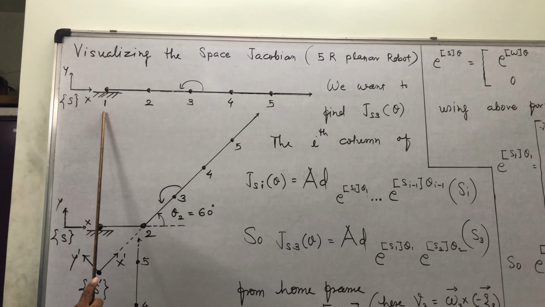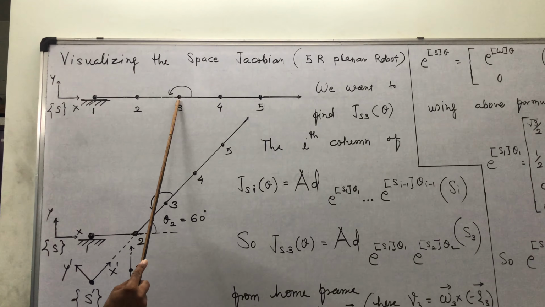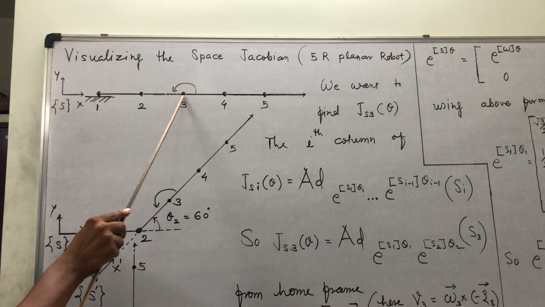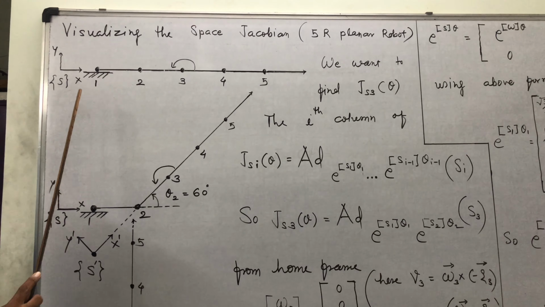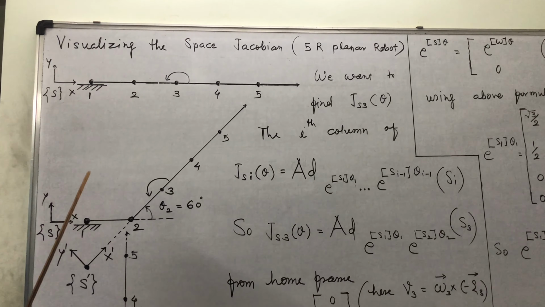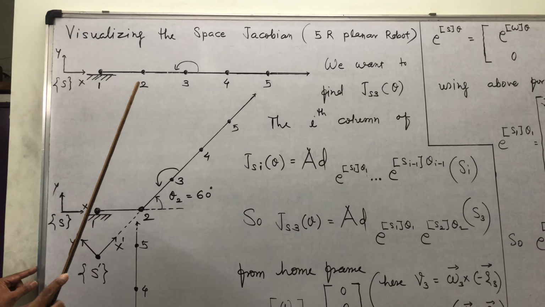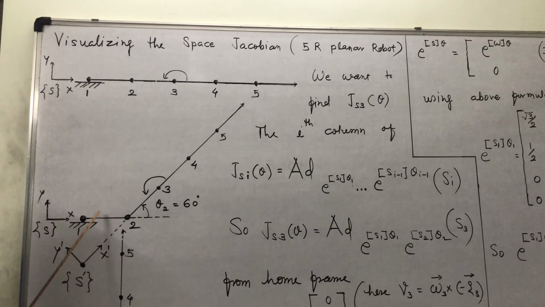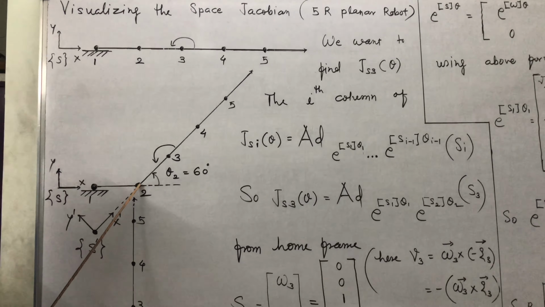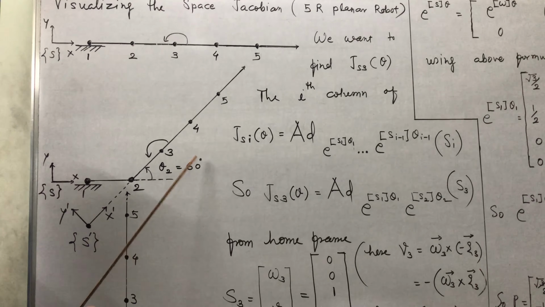That is, after applying theta 1 and theta 2, if we rotate the frame at joint 3, that is theta 3 dot only, what is the Vs of this point? If we consider the body origin here, we have first applied theta 2, so joint 2 is rotated; we have taken 60 degrees.